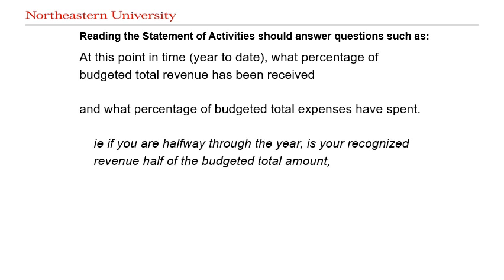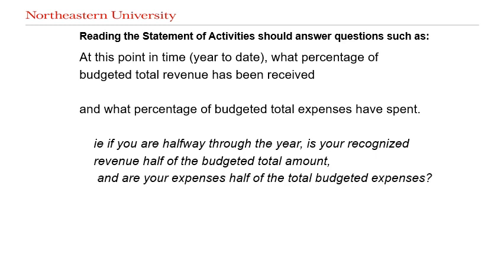So let's say you're halfway through the year. Is the revenue you have received, that you have recognized, half of what you had budgeted? Are your expenses half of what your total budgeted expenses are? And they won't be exact, but how big is the difference? That difference between actual and budgeted is known as variance.